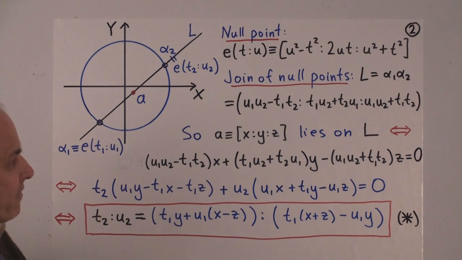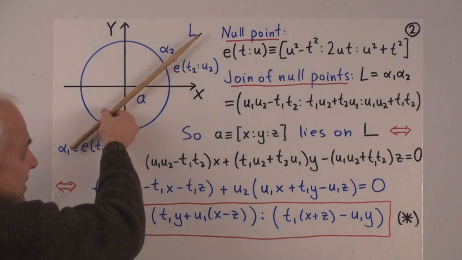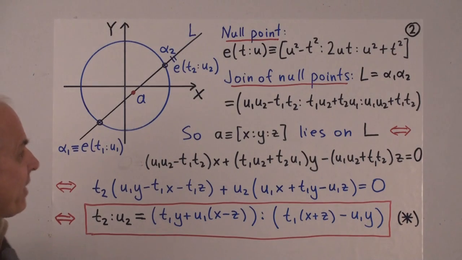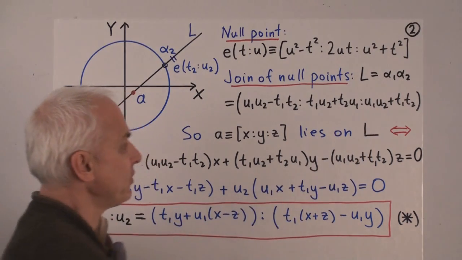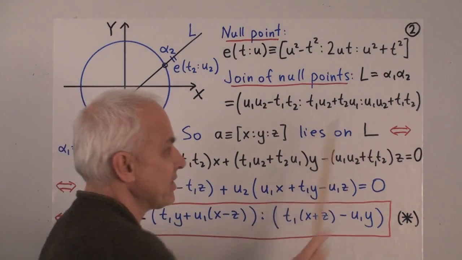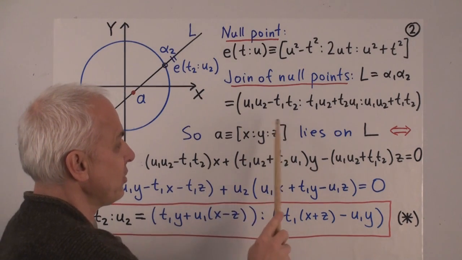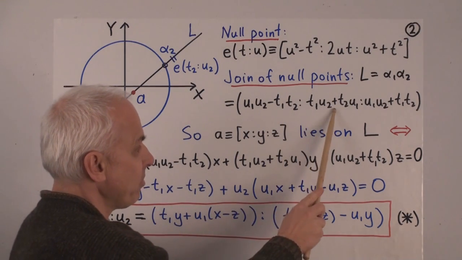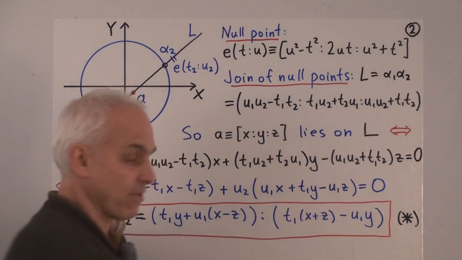And I remind you of an important theorem that we've already talked about, the join of null points theorem. The theorem that tells us what this line is that's joining 2 null points. So here it is. The line alpha 1, alpha 2 is given by this triple. u1 u2 minus t1 t2 is the first coordinate. t1 u2 plus t2 u1 the second. u1 u2 plus t1 t2 the third.